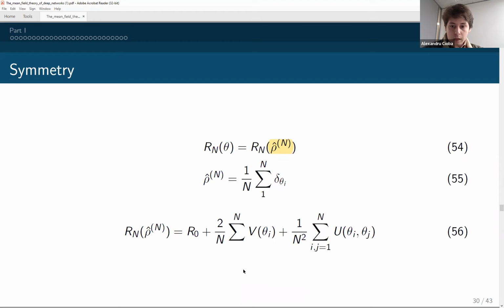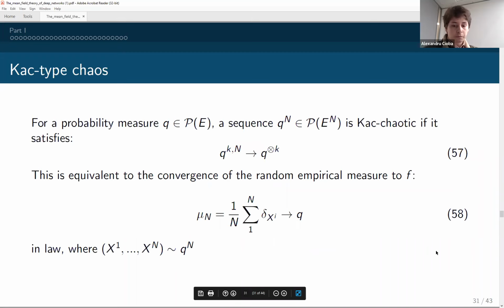So why is this important? It is because probability measures such as this fit into a particular framework that is already well studied in mathematics, belonging to either chaos theory or ergodic theory.